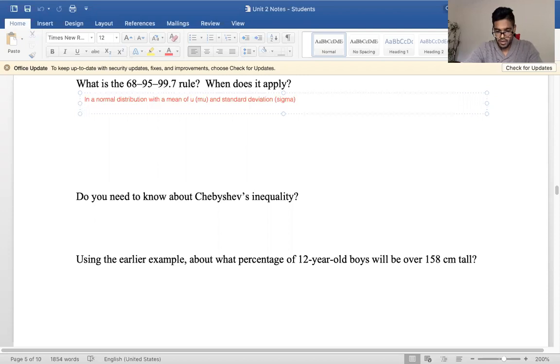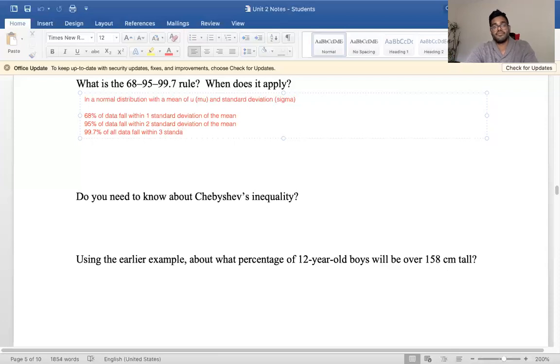We can say a couple of things. 68% of data fall within one standard deviation of the mean. 95% of data fall within 2 standard deviations of the mean. 99.7% of all data fall within 3 standard deviations of the mean.